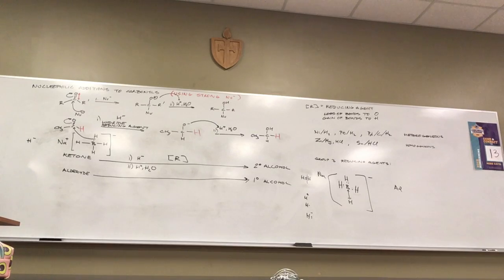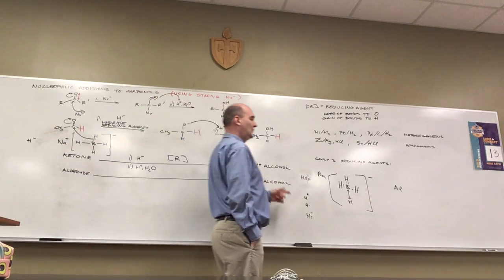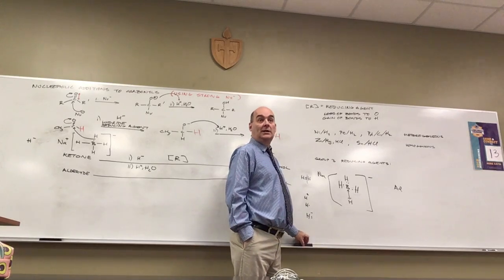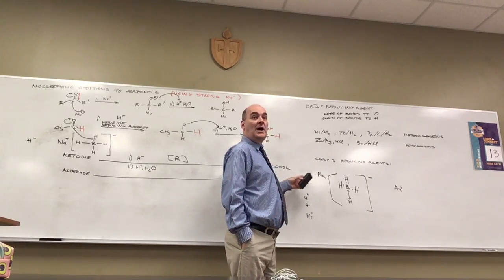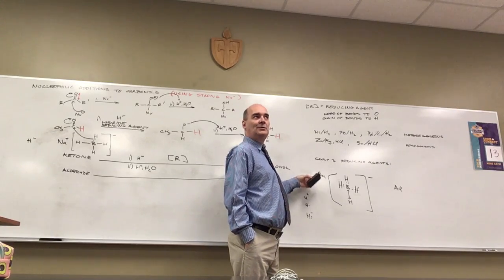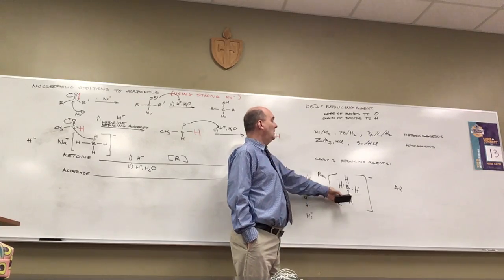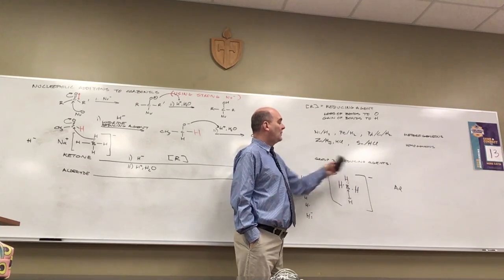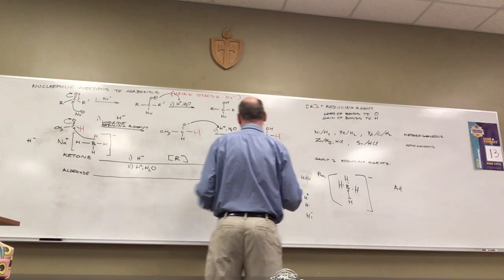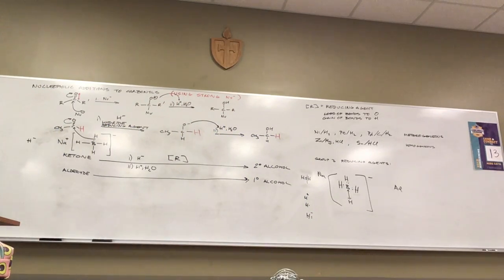Hydrogen, top of the group, covalent. Sodium, ionic. So if I can find a molecule and then change out a hydrogen for a sodium, I make sodium hydride. Then I can take this boron as a borane and make sodium borohydride.